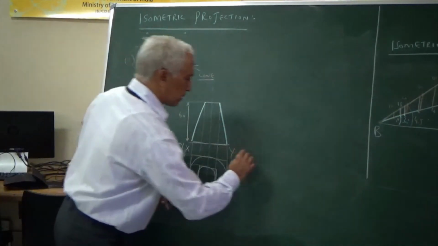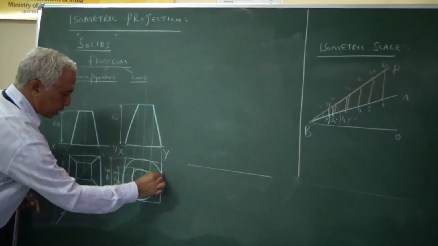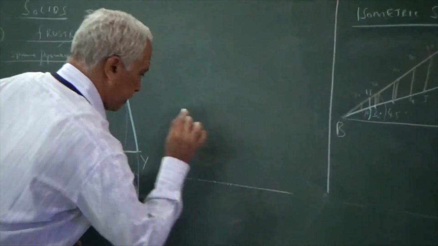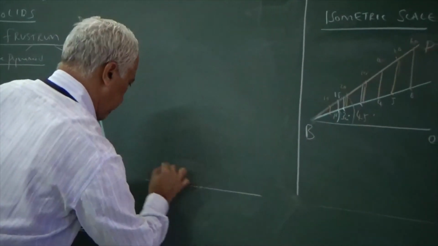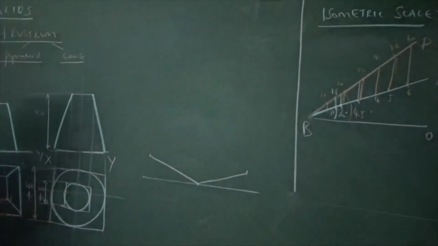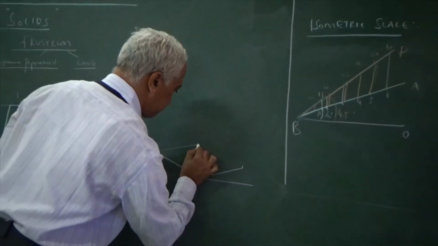The procedure is to draw a horizontal line. For the base square, locate any 2 points as reference. So if I locate this point as reference, take ISO of 40, draw 2 lines inclined at 30 degrees to both the sides and complete the square at the base.